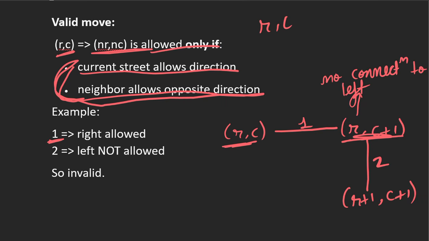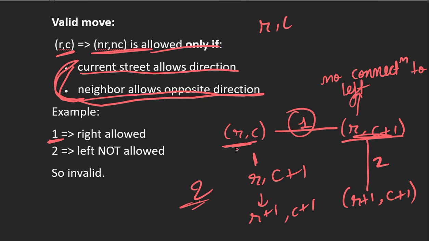Suppose at r comma c plus 1 we have 2. 2 allows movement from top to bottom, which says that from r comma c plus 1 we can either go to r plus 1 comma c plus 1, or we can go to r minus 1 comma c plus 1.